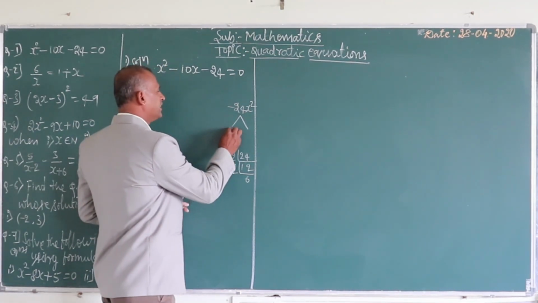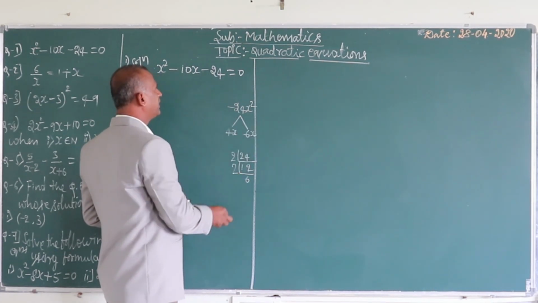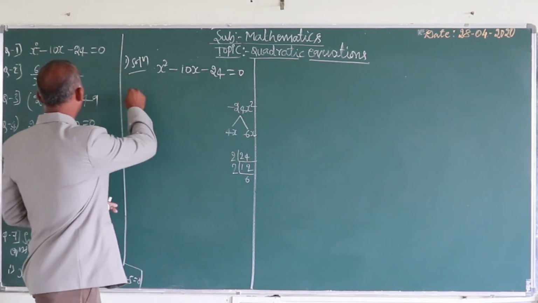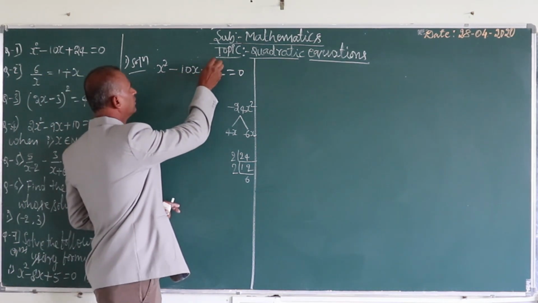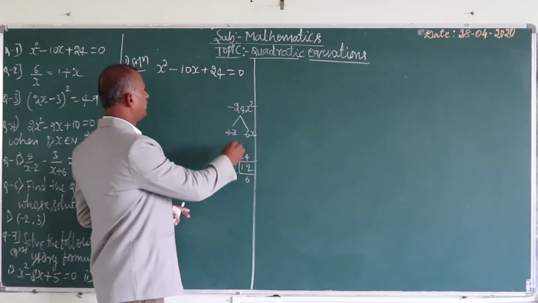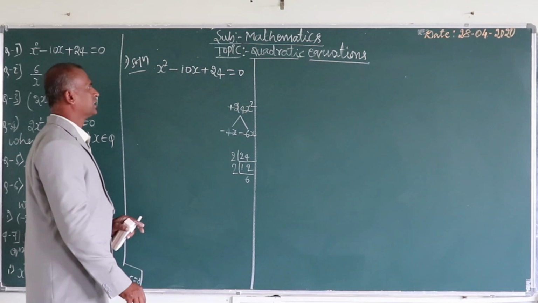That is why we will write 4 and 6, here x, here x, and here both will be minus.